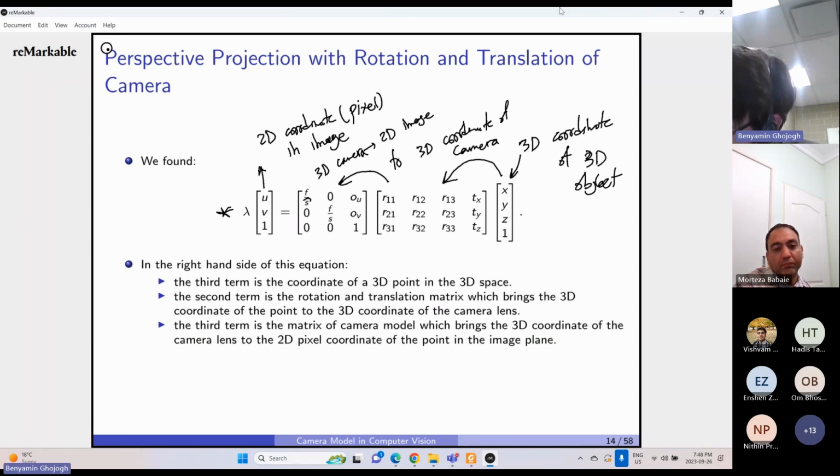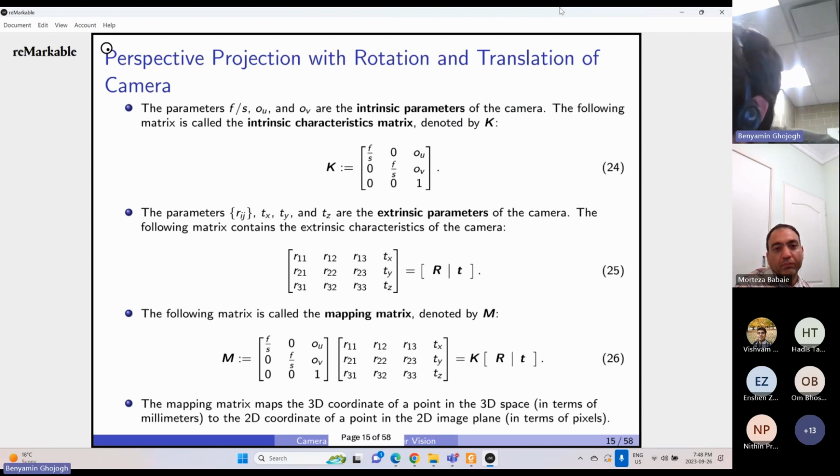By the way, because of these S's, I know that U and V are in terms of pixels. Now, the parameters f over s: f was the focal length, s was for having the pixels, do you remember? OU and OV are the coordinates of the center of the image in the negative.